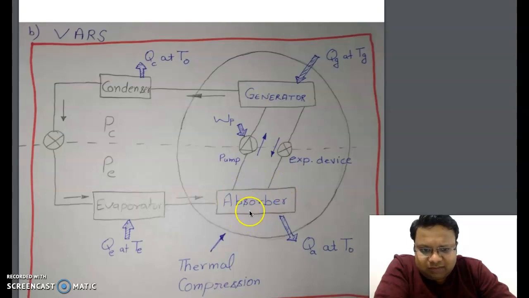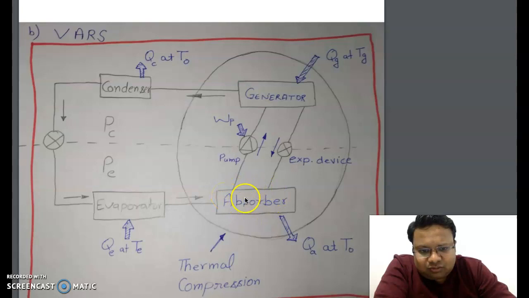So here heat will be liberated, and that heat is sent outside at the ambient condition, QA, the heat extraction in the absorber. Now after mixing with the weak solution, the refrigerant vapor becomes a strong solution of liquid.